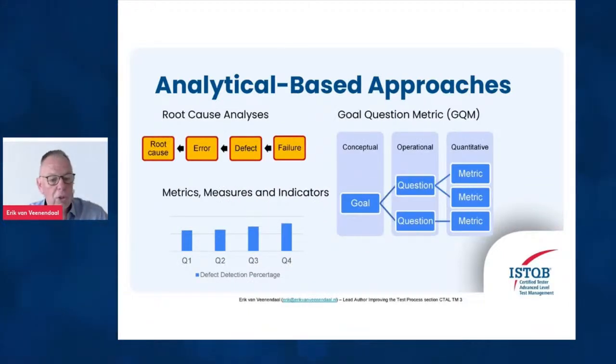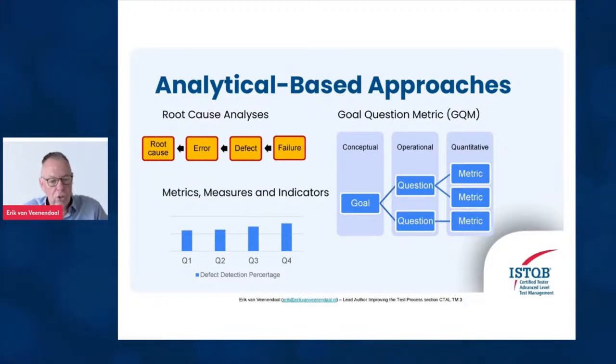If we look at analytical-based, there are basically 3 methods that we're trying to teach. Maybe familiar, maybe not familiar. We will talk about root cause analysis: there's a failure somewhere, a bug. So what's the defect? What's the error? You know all these things from foundation, hopefully. And basically, what is the root cause? What are the things you have to address to prevent the failure from happening in the future? We'll talk about metrics, measures, and indicators. Metrics is about what do we measure and how do we measure.